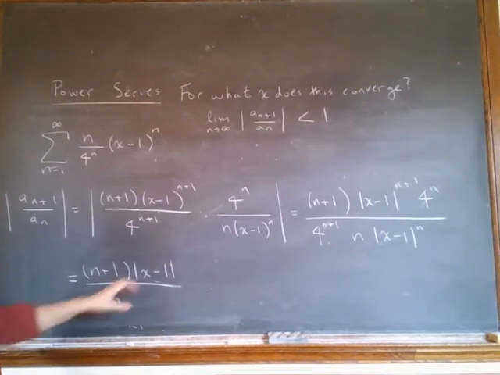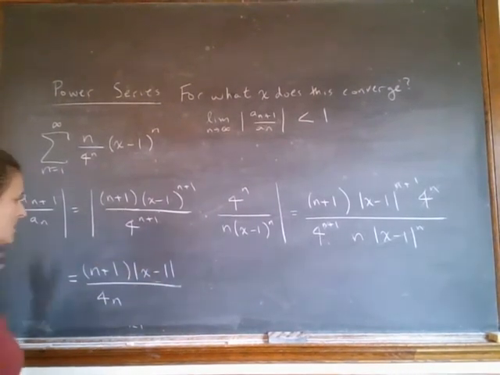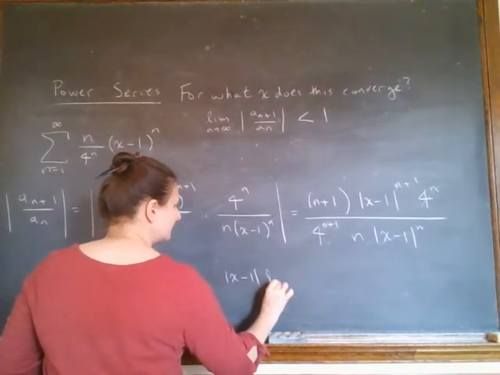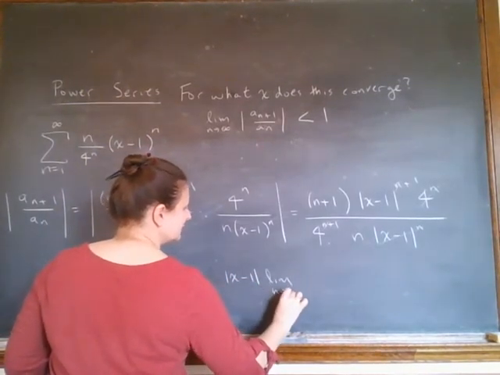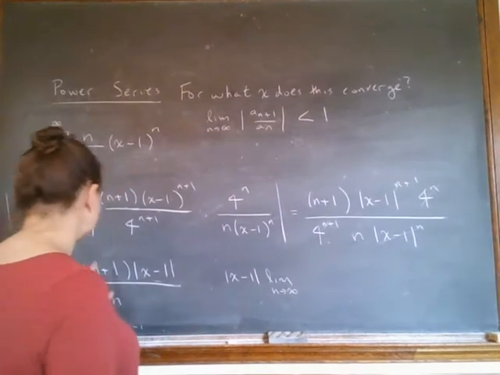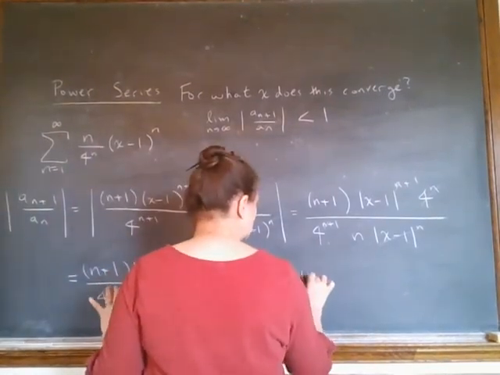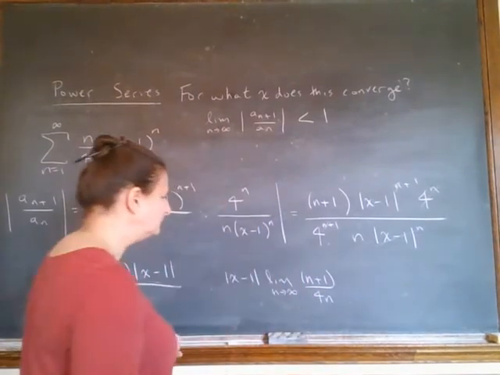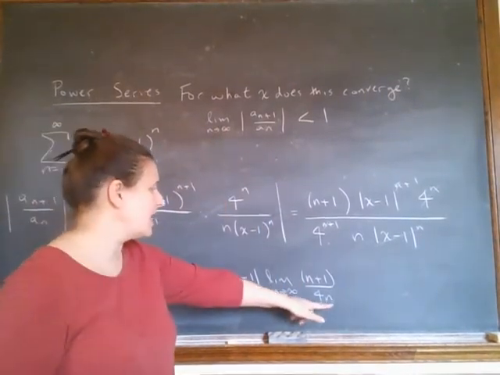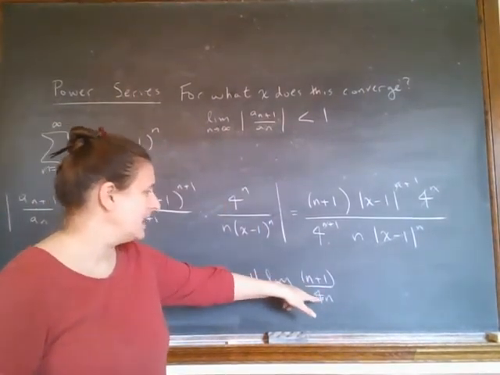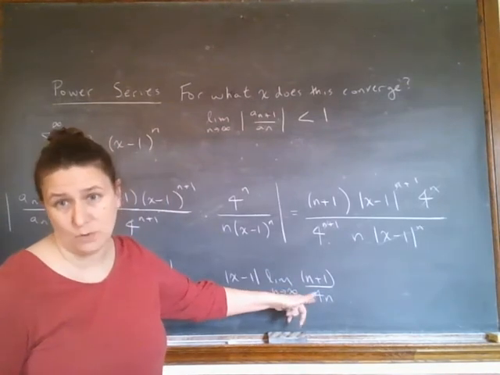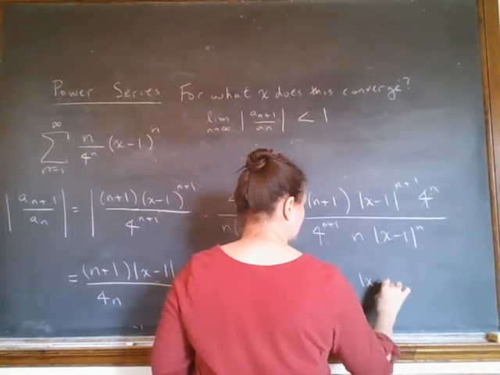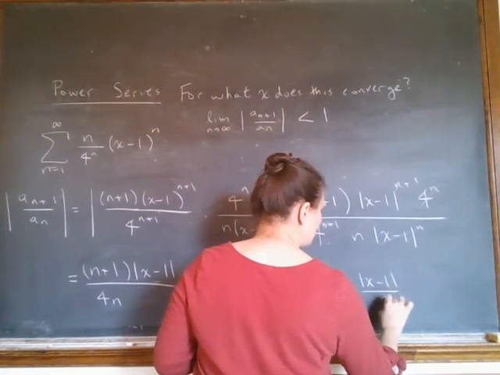I mean, some people like to just take out the x minus 1 term, so I can do that, since you're only taking the limit with respect to the n stuff. So I can write it this way if I like. Okay? Now, this guy, if I've got n and I've got 4n, this guy's going to go to 1/4, right?